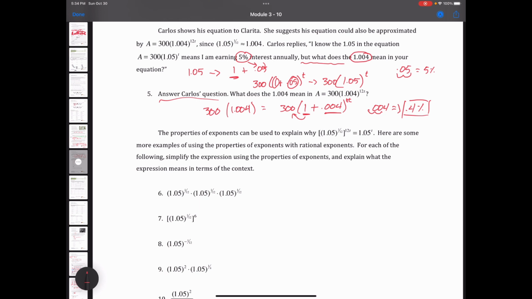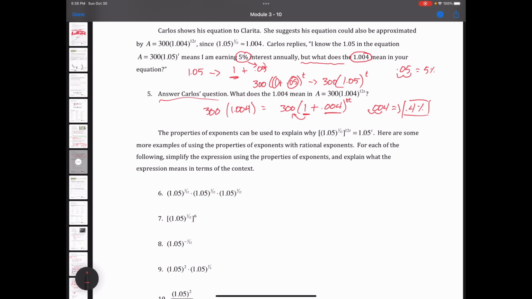So that's what that 1.004 means: 0.4% interest is being paid at the end of each month. Now, the properties of exponents can be used to explain why 1.05 to the 1/12th power raised to the 12t is equal to 1.05 to the t power.